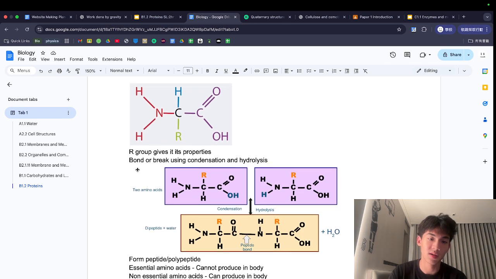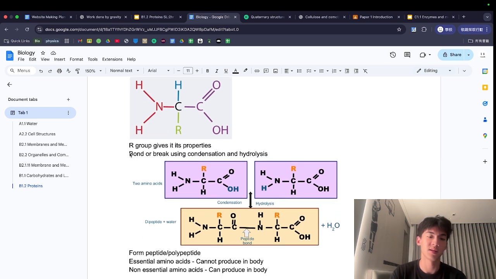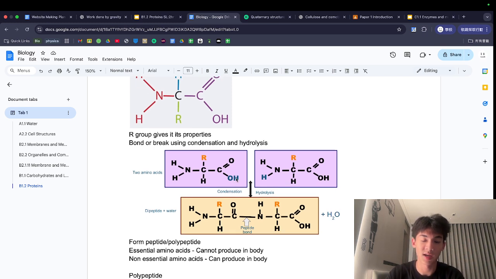Amino acids bond to each other with condensation and break apart with hydrolysis. In condensation, the hydroxyl group and a hydrogen atom come out to produce water, and then the amino acids combine to each other just like this.